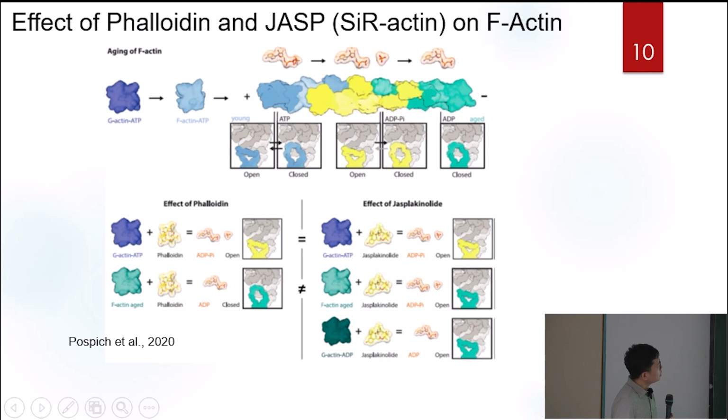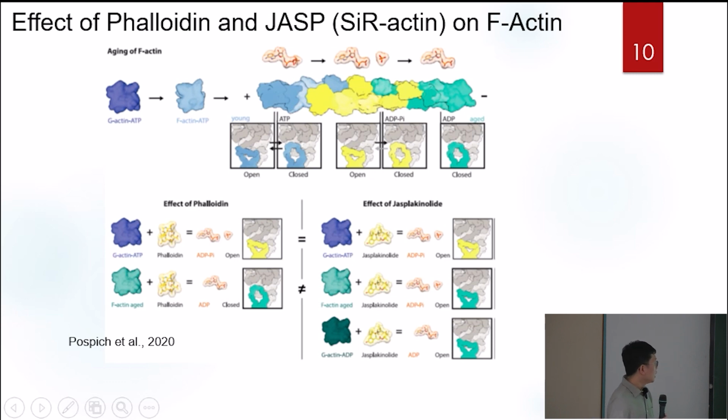This is the D loop. When they just bind, it prefers the open form, and then gradually becomes the closed form. After ATP is hydrolyzed to ADP, the D loop in the actin becomes the closed form.